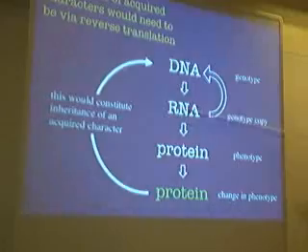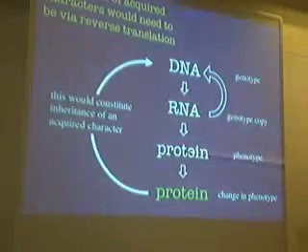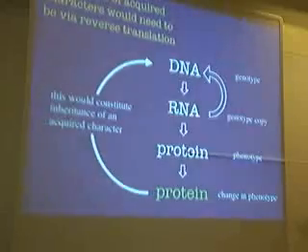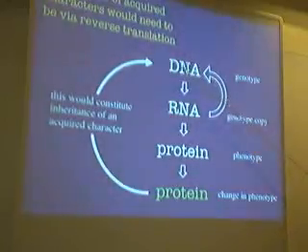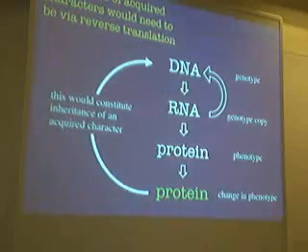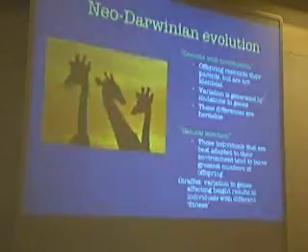This is just the messenger. Okay. So what we would have to happen is that the protein, which is the equivalent of the neck, would undergo some change, and that change then gets transferred back into the DNA. Okay. So that is how Lamarckian inheritance could work if we observed it in modern biological systems. There's no reason why that shouldn't happen, but we haven't observed any cases of that.